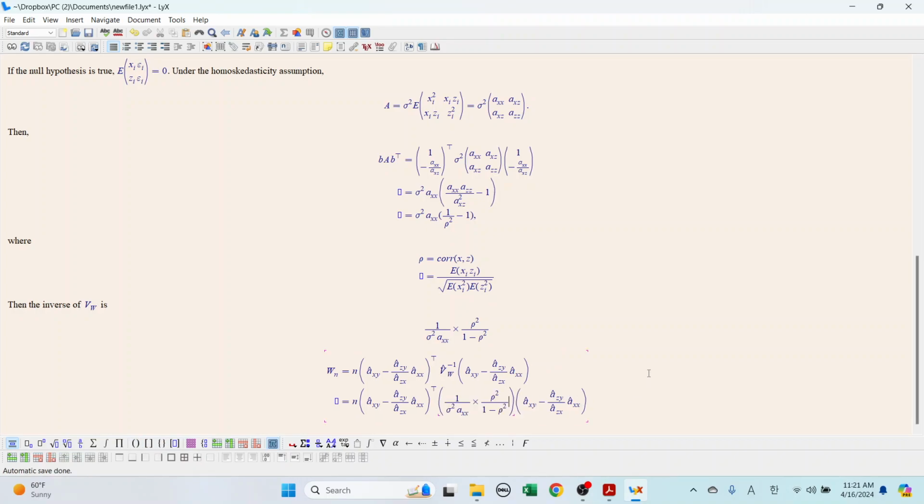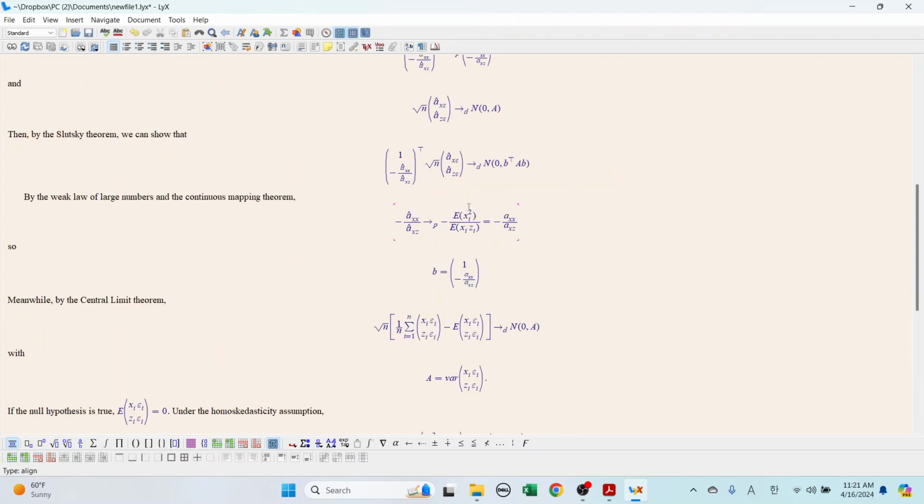Okay, so I'm not certain how much you can simplify. Let me see. Not easy. Anyhow, you may simplify, you may just use this in here and see what you will get. Okay, anyhow, the basic idea is this asymptotic theory.